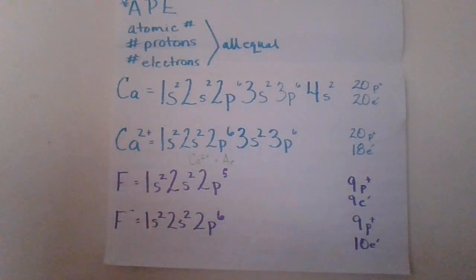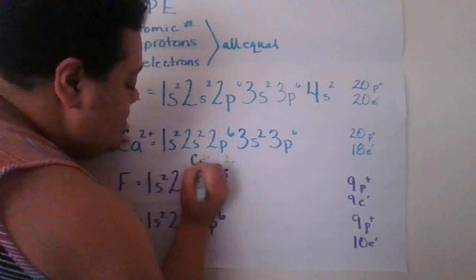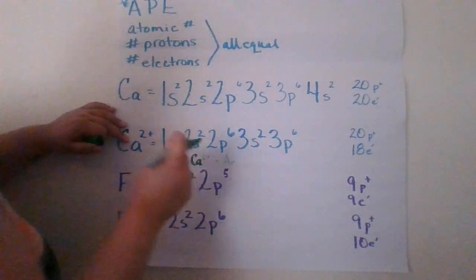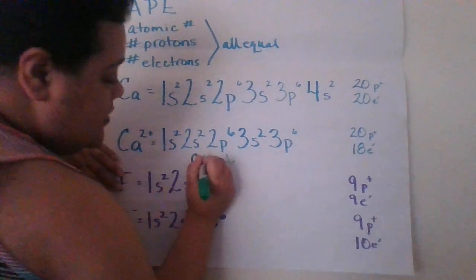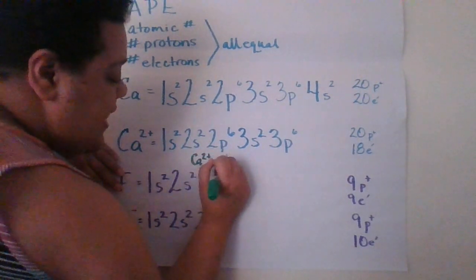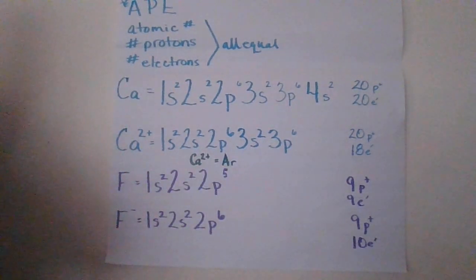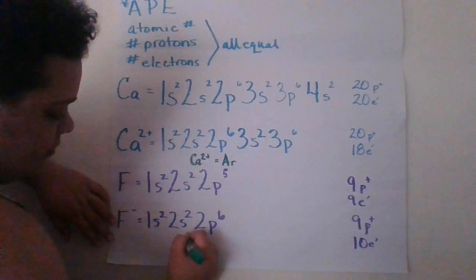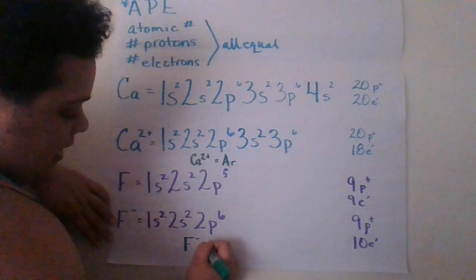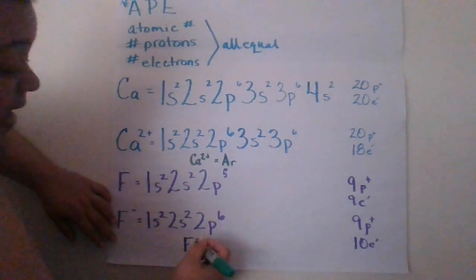I'll go ahead and write that again in a darker color so that everyone can see. So calcium, okay? So the cation, calcium 2 plus, has the same electron configuration as argon. Much like our fluorine anion has the same electron configuration as neon.